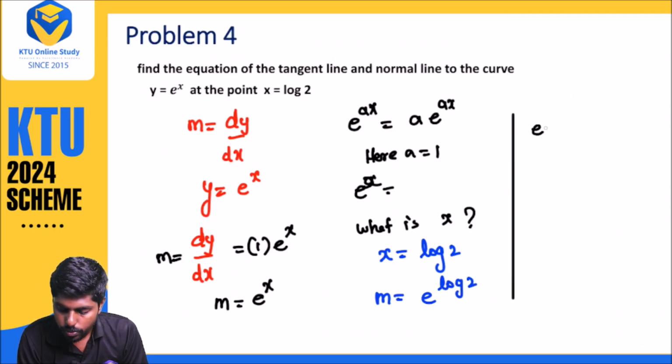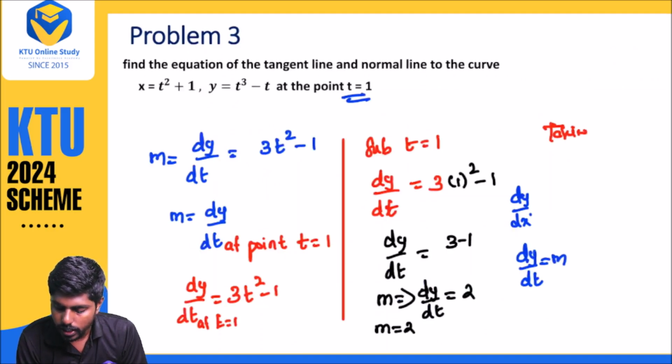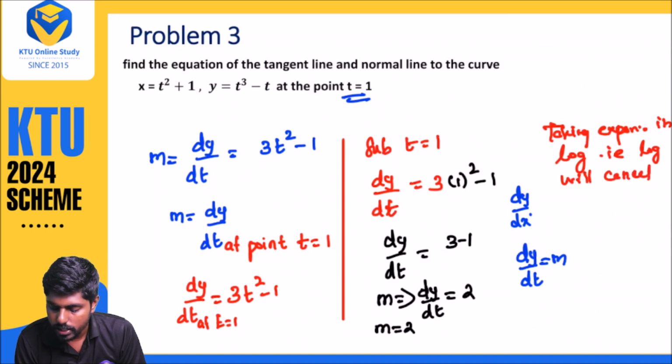That is taking the exponential, the log will be cancelled. When you take the exponential, e power in log will be cancelled and only the value will remain.